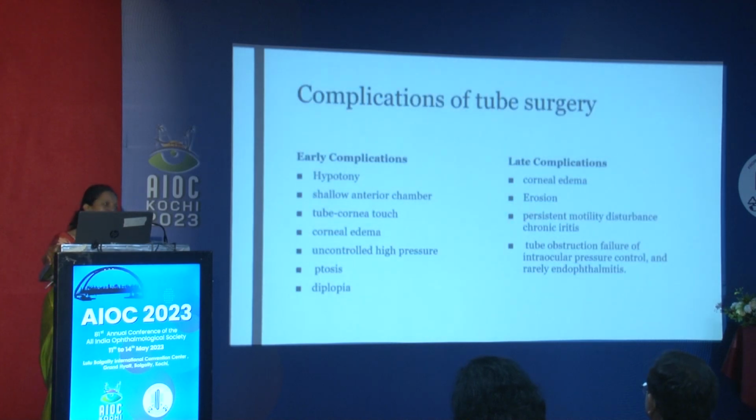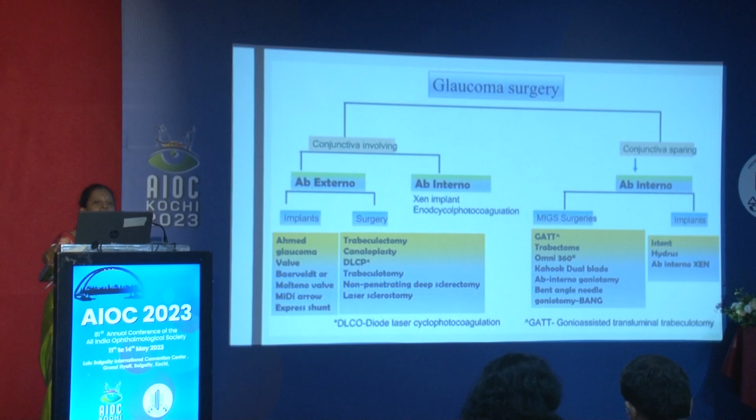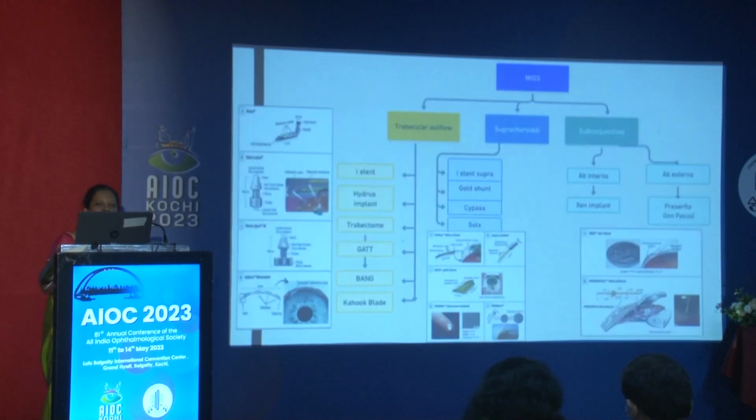Tube surgeries also have their complications. Early ones are hypotony and shallow chamber, and late complications are again hypotony, especially with the non-valved, then motility disturbance and infection. So the surgical armamentarium for glaucoma includes the traditional trabeculectomy and the GDDs, then the laser procedures, and the newer ones, the MIGS.